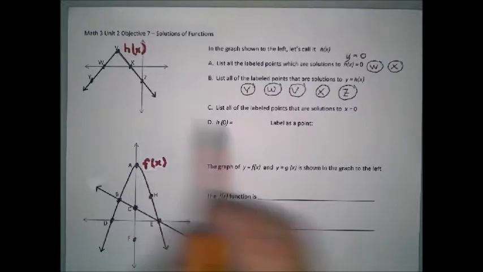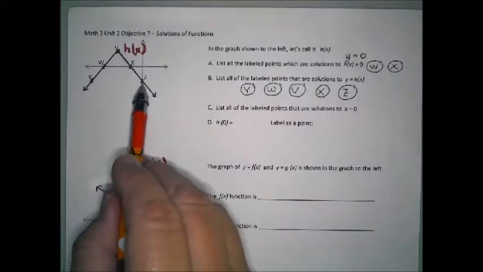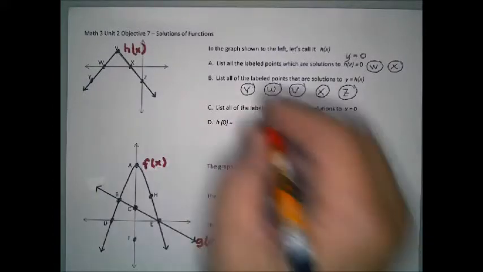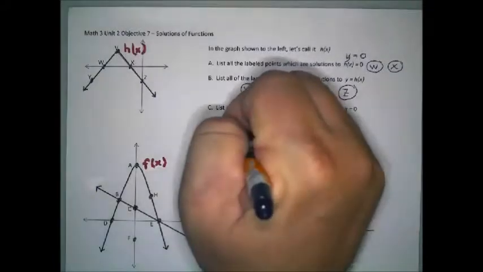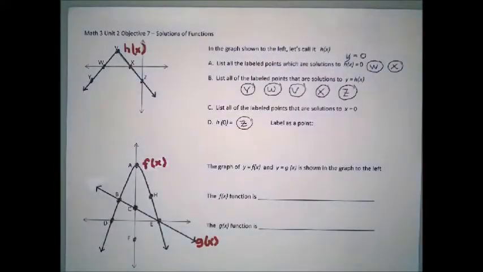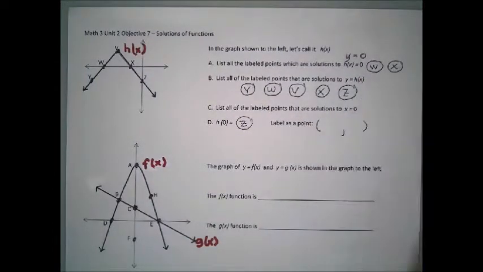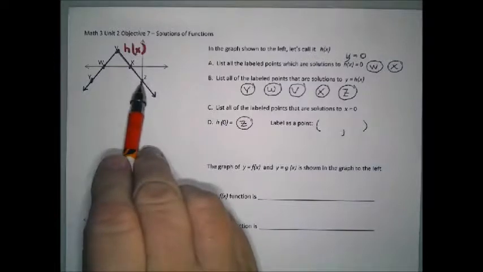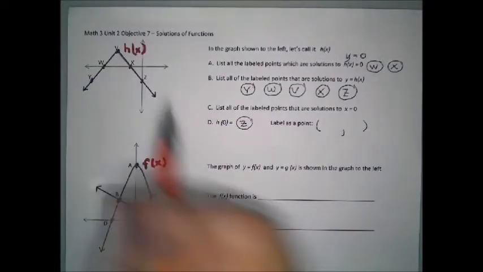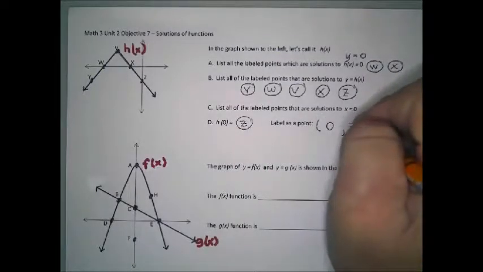Well, there's only one point where the x value equals 0, and that's right there, at point Z. And then if we had to label that as a point, well, think of the ordered pair. We really don't know what that number is, but we do know it has a name, and that's Z. So the point would be 0, comma, Z.